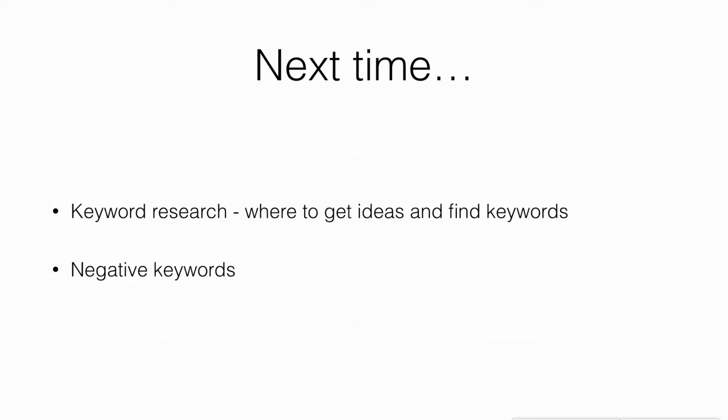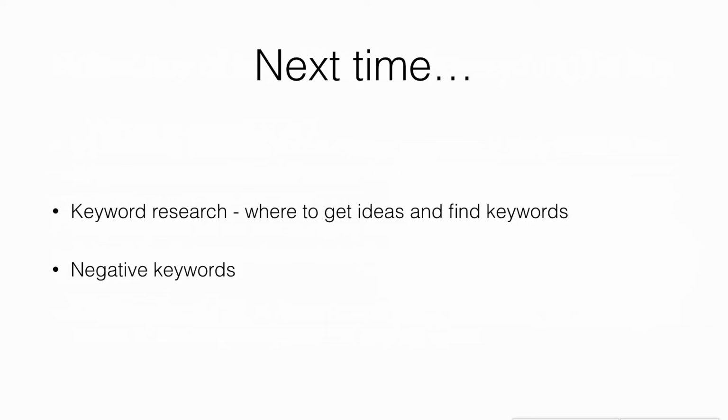The other thing that we'll have a look at are negative keywords. So to give you a bit of a preview, negative keywords are keywords we can include in our campaigns that will not show our ads. So they're actually the opposite of our keyword phrases. To give you a quick example, say we sell premium office furniture.